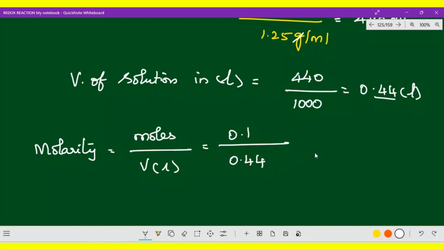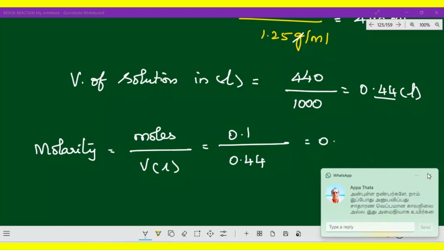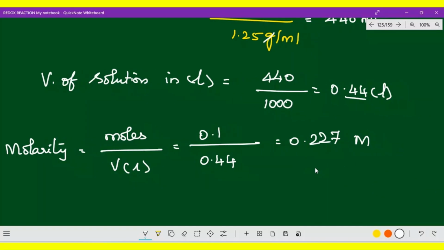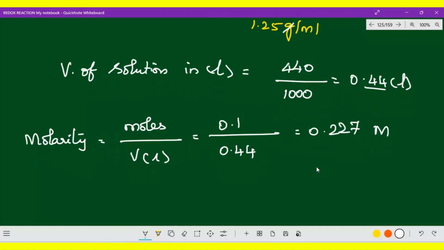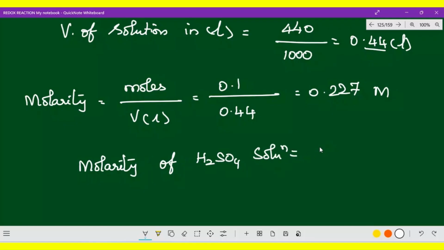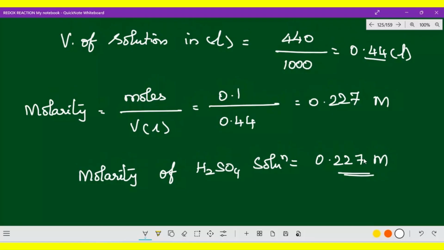So you will get 0.227 M. The molarity of the H2SO4 solution is 0.227 M. I hope you got the clarity.